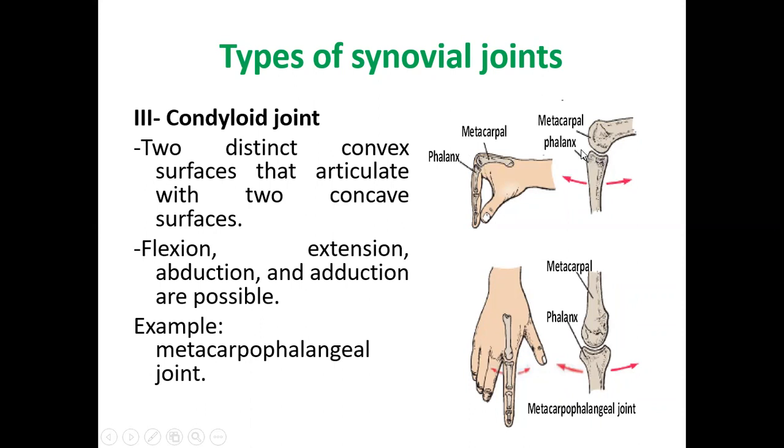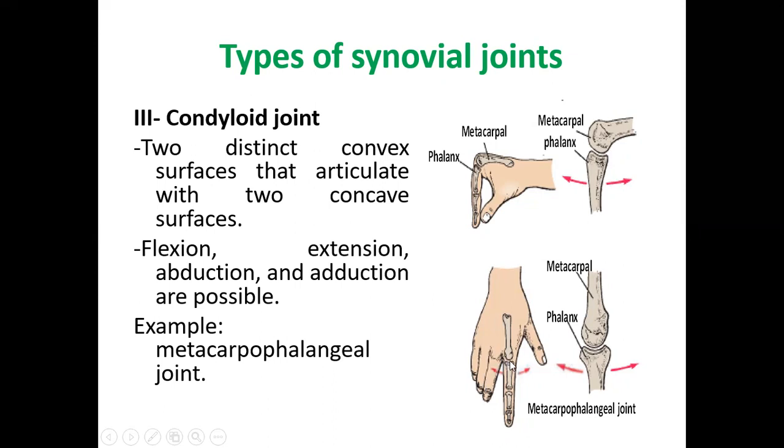This will be concave and this will be convex. Such kinds of joints are called condyloid joints. Two distinct convex surfaces articulate with two concave surfaces. Like here you can see only one, but there will be two.